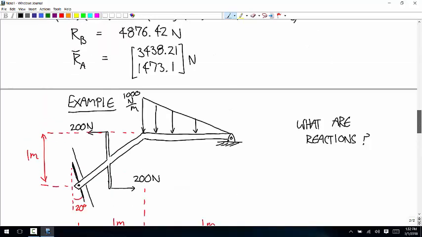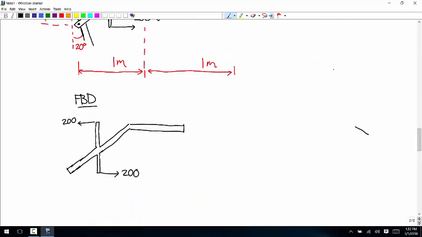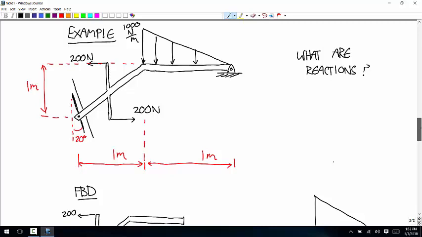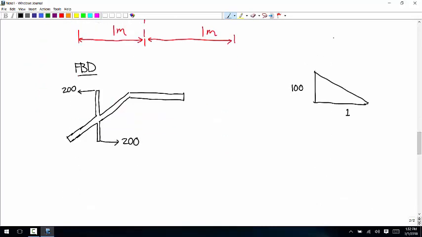There's a force from that triangular distributed load. And that triangle has a base of 1 and a height of 1,000. So the total force is 1 times 1,000 over 2, 500 newtons.